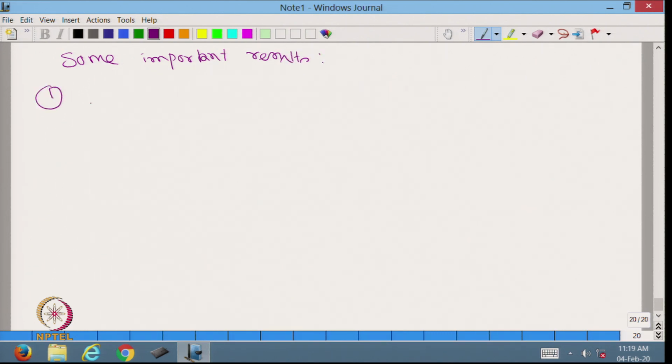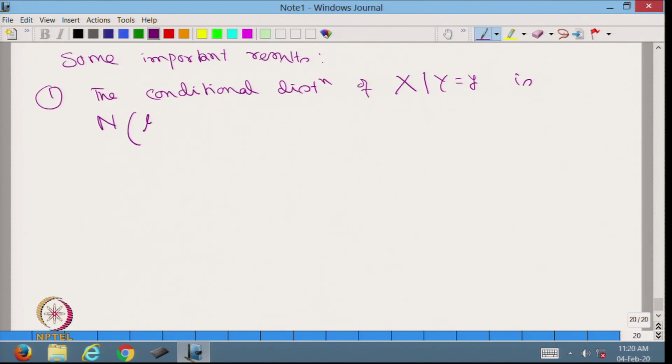One, the conditional distribution of x given y is equal to y is normal with mean is equal to mu 1 plus rho sigma 1 upon sigma 2 into y minus mu 2, and its variance is equal to sigma 1 square into 1 minus rho square.